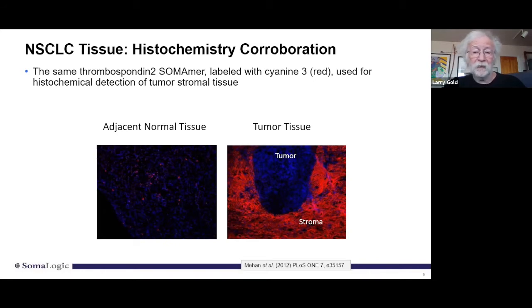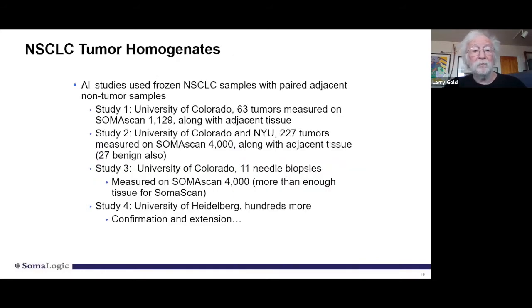Next slide is the beginning of the money slide, if you will, for this kind of tumor tissue homogenate. So we decided we'd study non-small cell lung cancer. We've been interested in that forever. And so these are the samples we got. We started with 63, which I'm going to focus on in a minute.